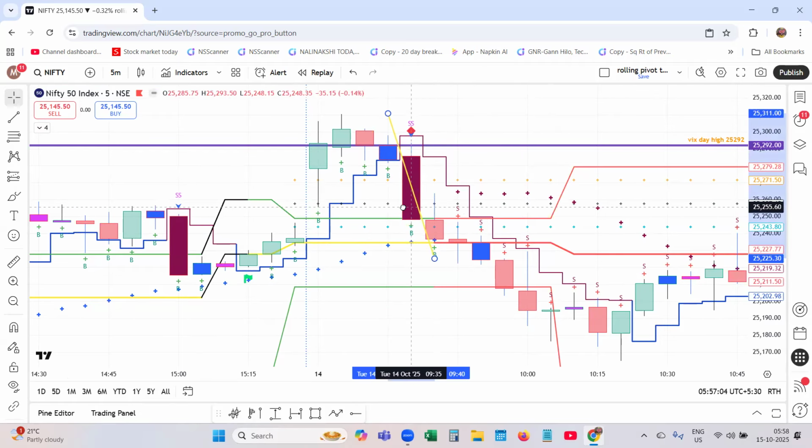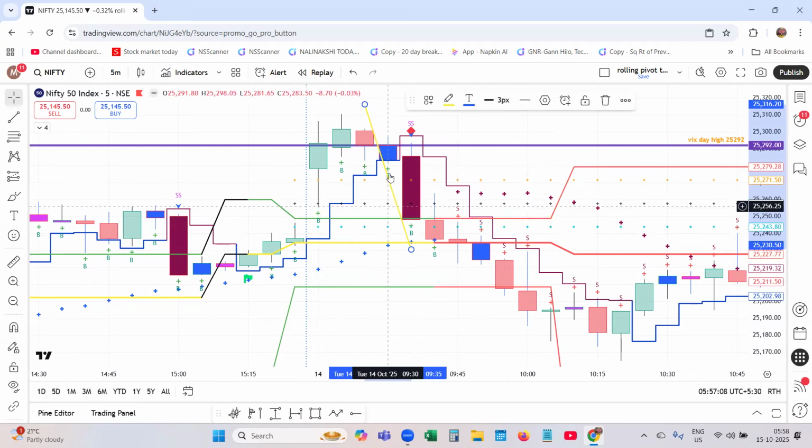Buy signal has been generated. Even still, the buy signal stands because the price was above the rolling pivot, and price is above this longer term Gann HiLo.